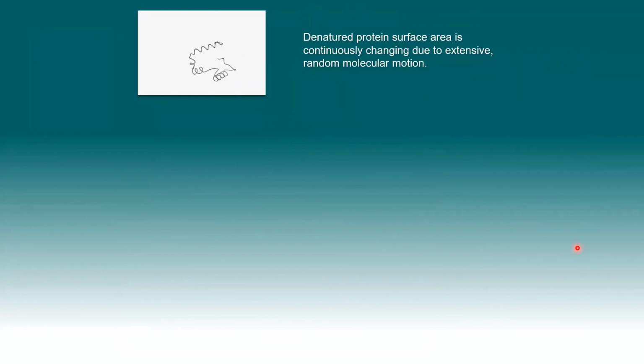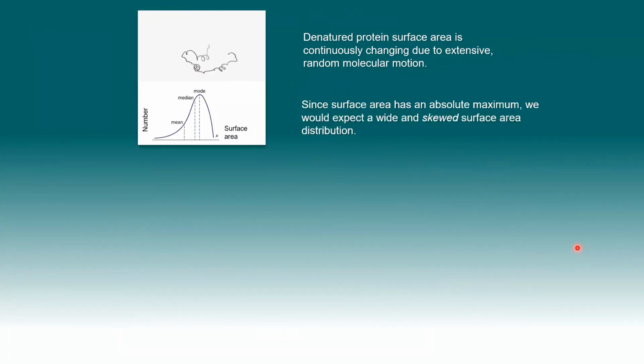The situation for denatured proteins is similar but slightly different. So here we have denatured protein, and its surface area is continually changing due to extensive and random molecular motion. If we were able to plot the surface area, this has an absolute maximum because we can't extend the protein beyond its linear fold.